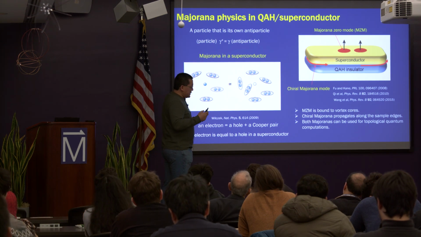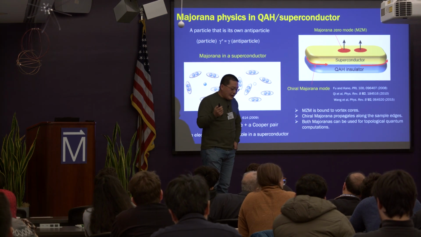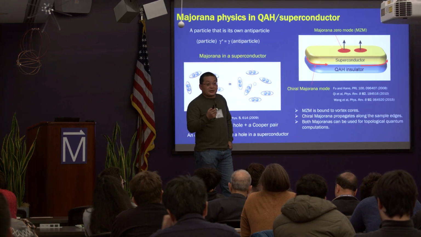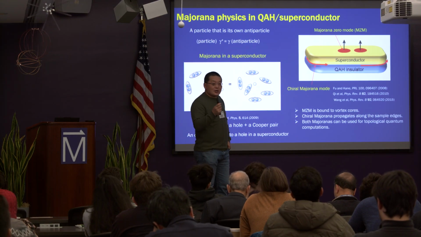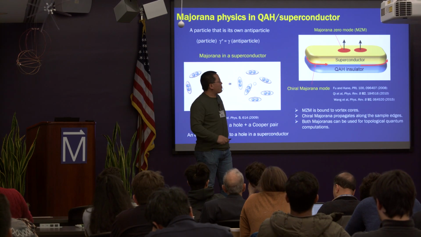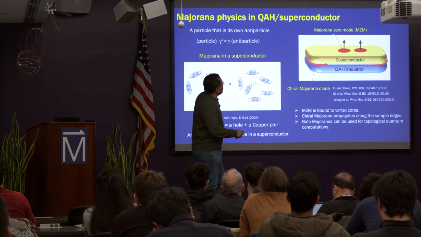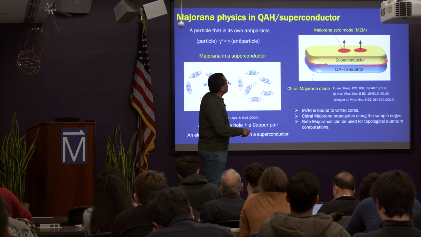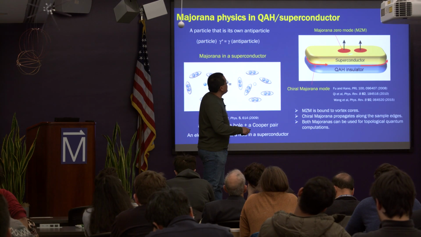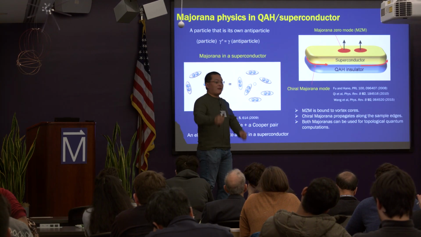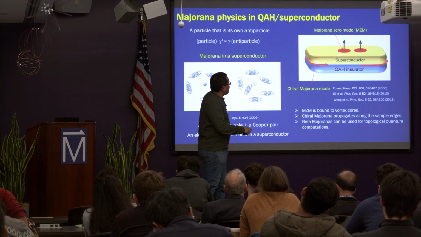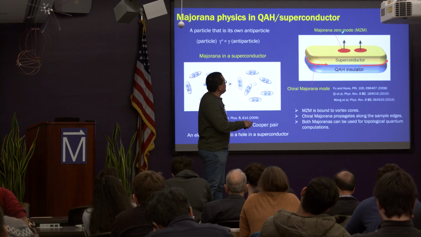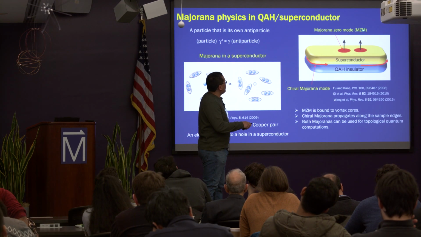In the quantum anomalous Hall and superconductor heterostructures, there are two kinds of Majorana based on theoretical prediction. One we call the Majorana zero mode, which is bound to a vortex in the sample. If you have an external magnetic field, there is a vortex, and there is one kind of Majorana we call Majorana zero modes.